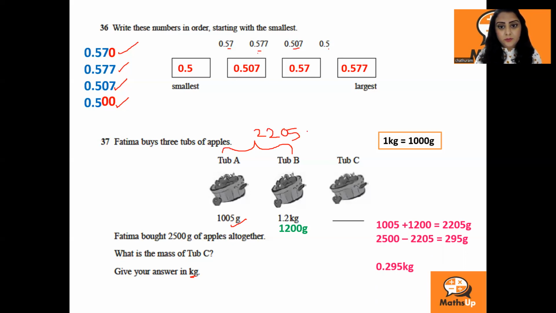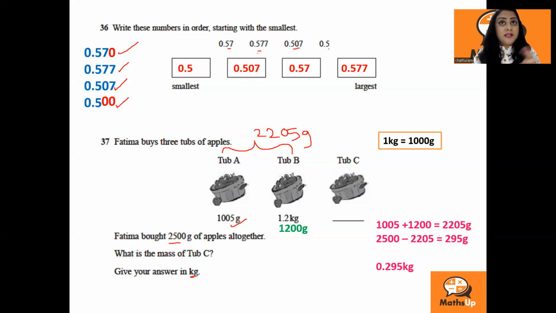2,205 grams. Then it says Fatima bought 2,500 grams of apples altogether. That means if you add the mass of A, B, C altogether, it should equal 2,500 grams.